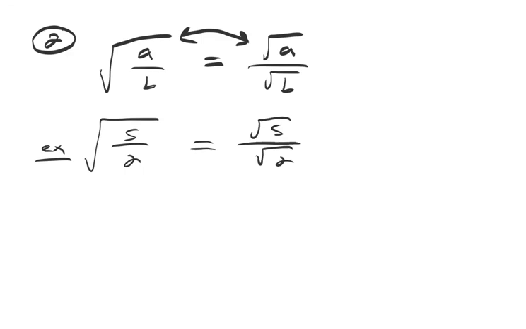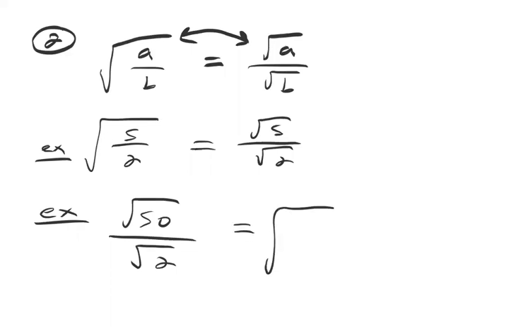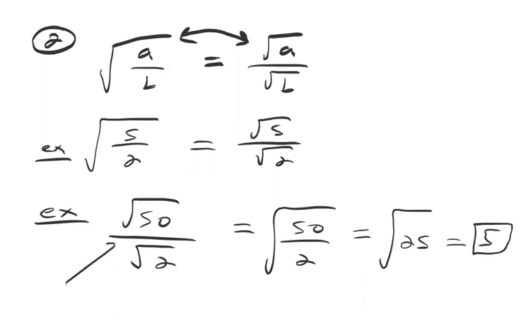Or I'd have it the other way around. Let's say I gave you square root of 50 over square root of 2. Well, since it's division and there's 2 square roots, I could put it all under 1 square root. Well, what's 50 over 2? 25, right? Square root of 25 is just 5. So that would be my simplified answer for this original right here.